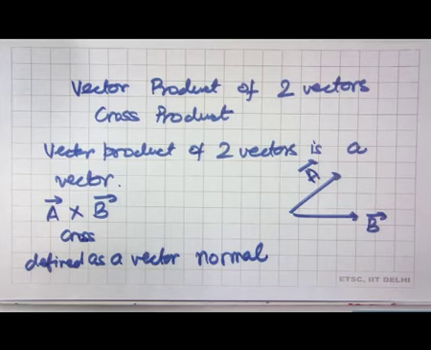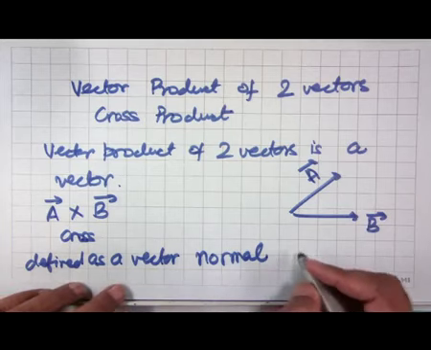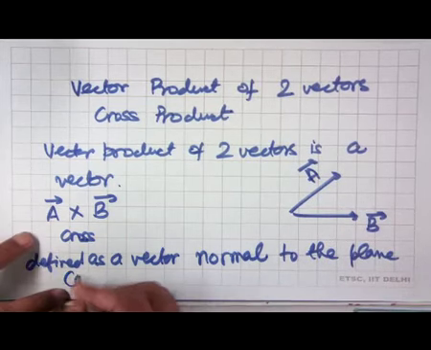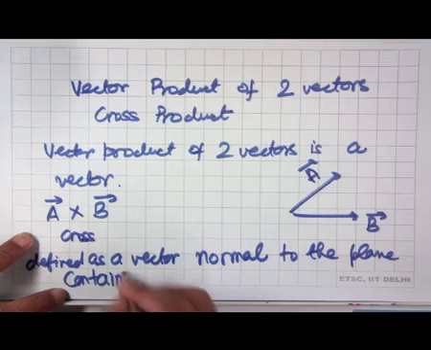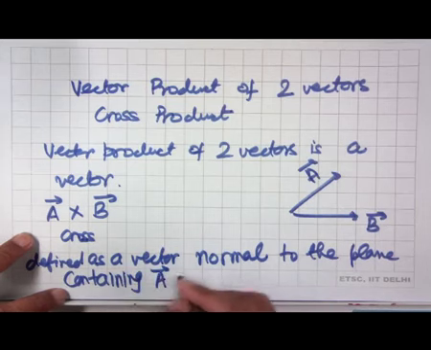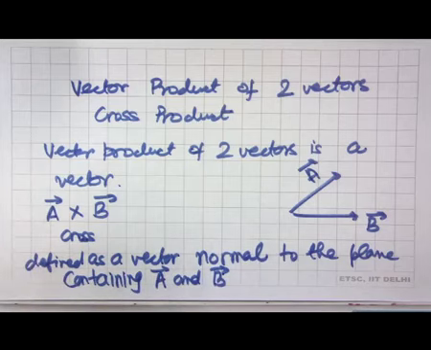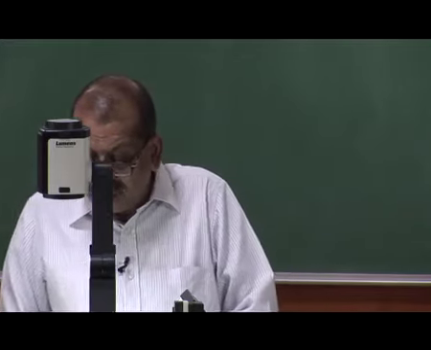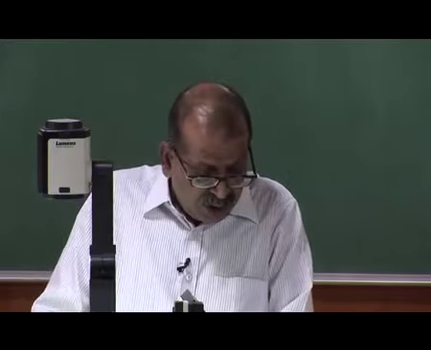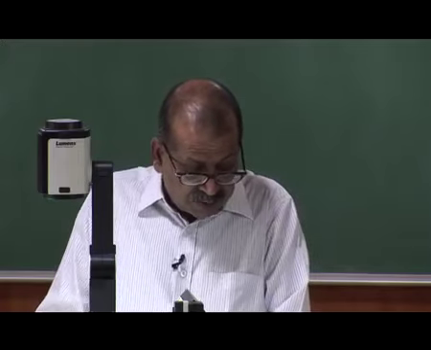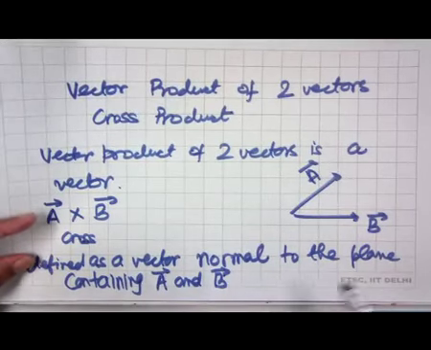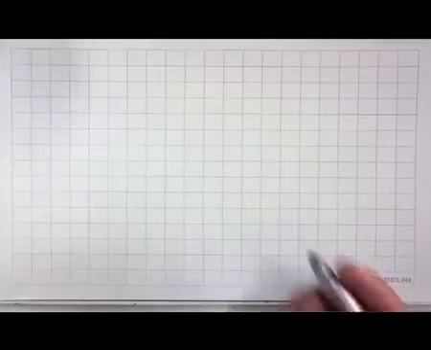The direction of this vector is normal to the plane containing vector A and vector B. That means, two vectors A and B will always make a plane, and A cross B is a vector perpendicular to this plane. First let me talk about the magnitude, because this normal itself can have two directions, and the direction will be explained in a moment.